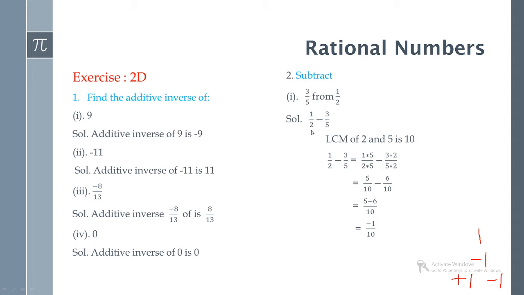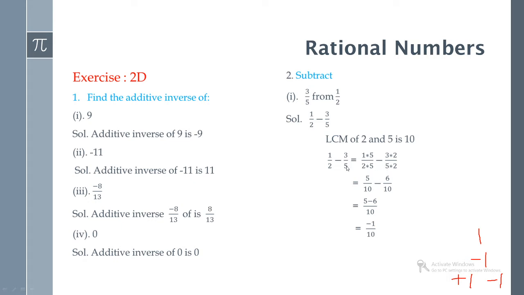Now after this, we have to see whether the denominator values are the same or not. So 2 and 5 are not similar. Then we go for the LCM of 2 and 5, which is 10. So 1 by 2 minus 3 by 5 is equal to: the denominator 2, I have to make it 10, so I am multiplying by 5, and the same number I multiply with the numerator.